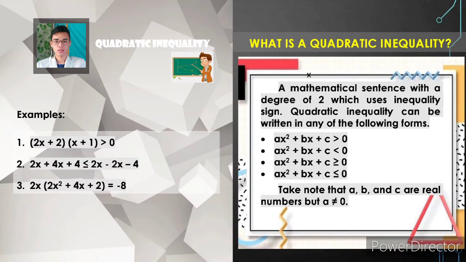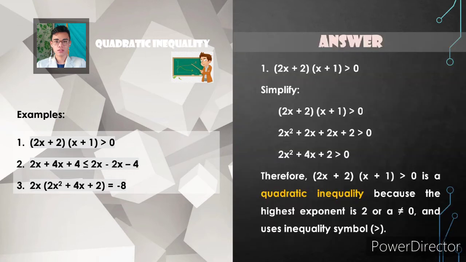What if the mathematical sentence is not written in the given forms of a quadratic inequality? How can we determine if it is a quadratic inequality or not? Let's take a look at these examples. Number 1. To determine if it is a quadratic inequality or not, we need to simplify it first. Multiply 2x plus 2 and x plus 1.